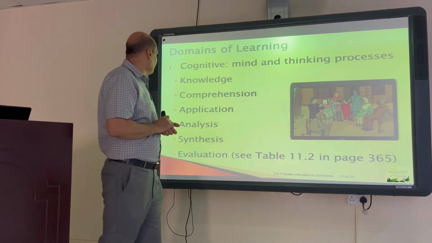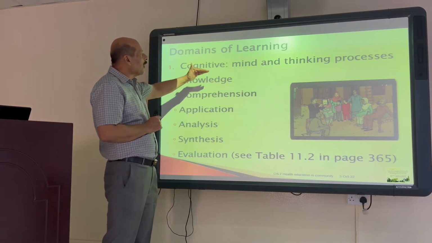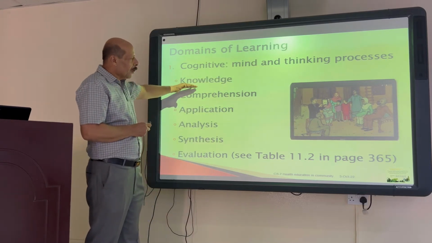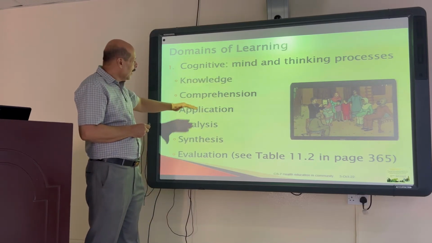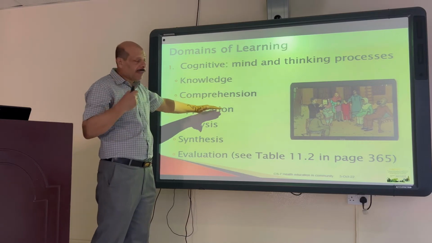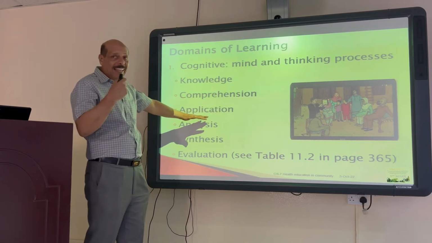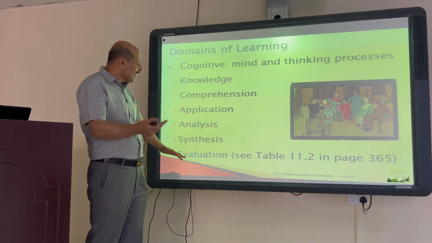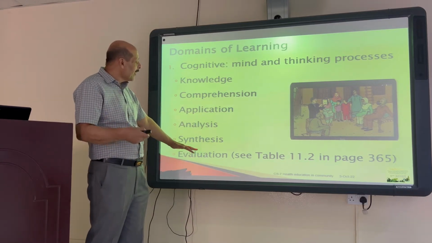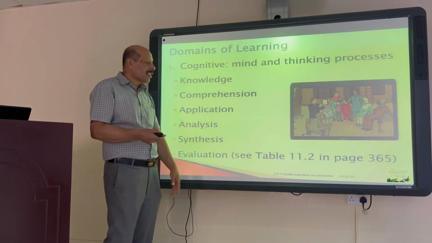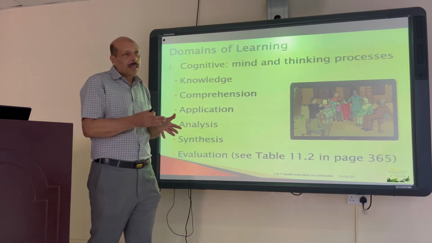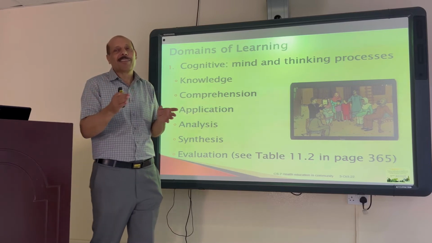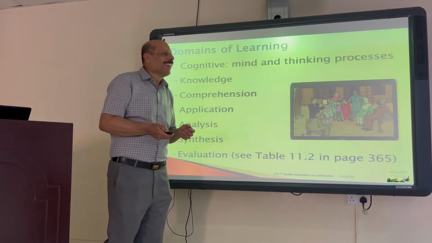So the domain of learning, as we said, we have the cognitive, which is the mind and thinking process, including the knowledge, comprehension of the knowledge also, application of your knowledge, analyzing, the ability of analyzing, synthesis, and evaluation. If we want to go deeply in this, it will take more than 5 sessions.